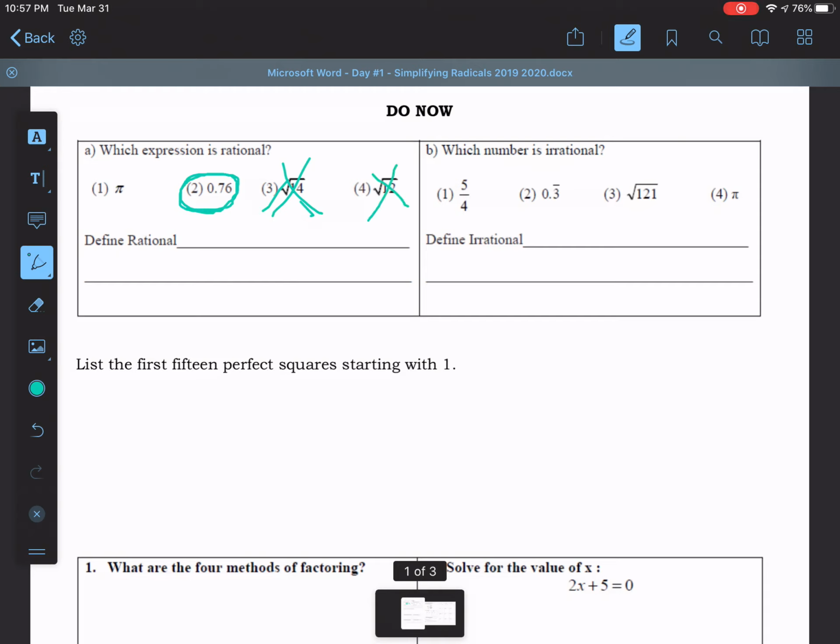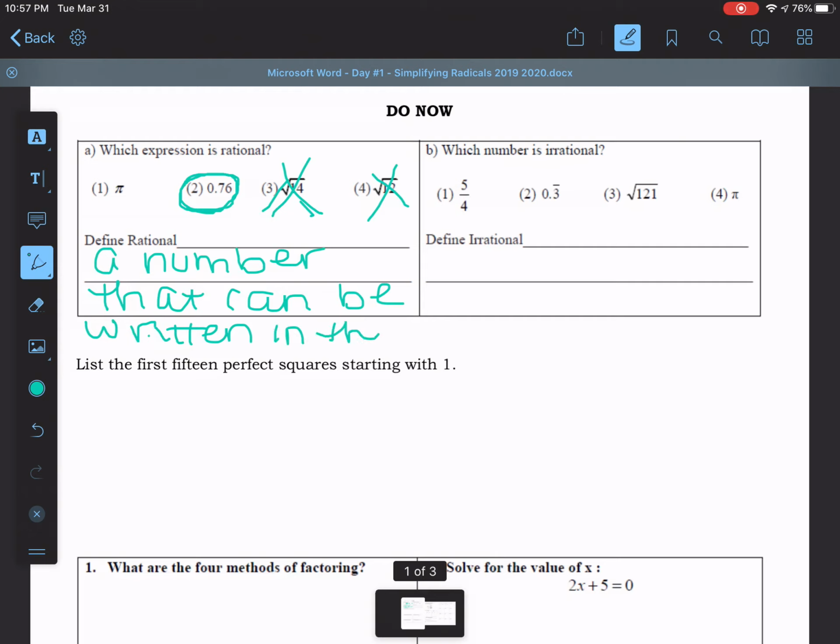Okay, so the definition of a rational number. The technical definition is a number that can be written in the form of a fraction.